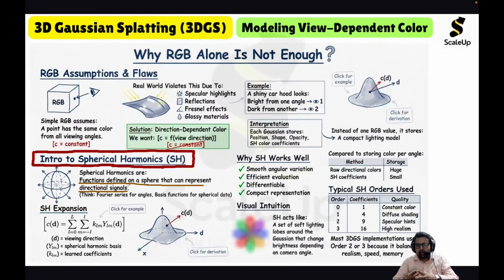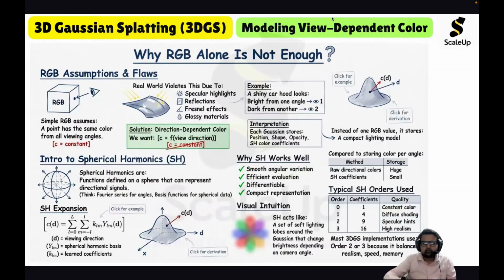It considers all the possible angles, and we will make use of it to define the color of a 3D Gaussian.